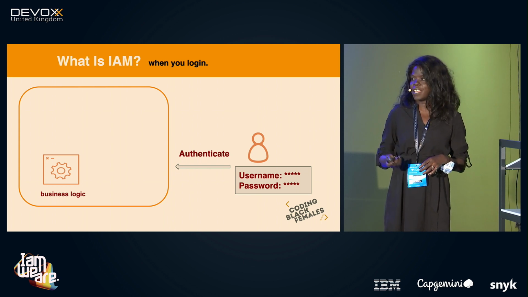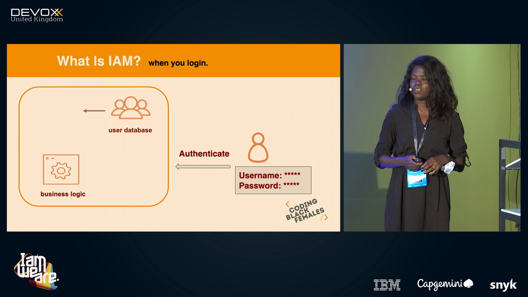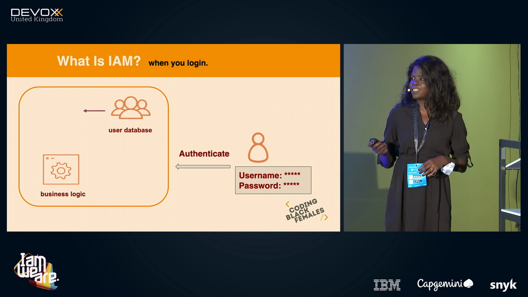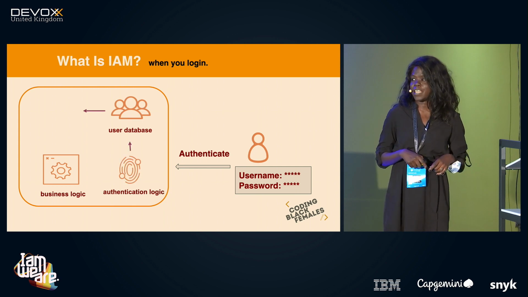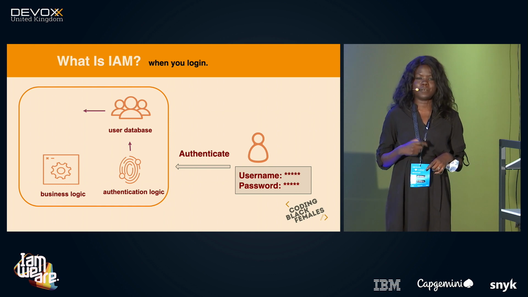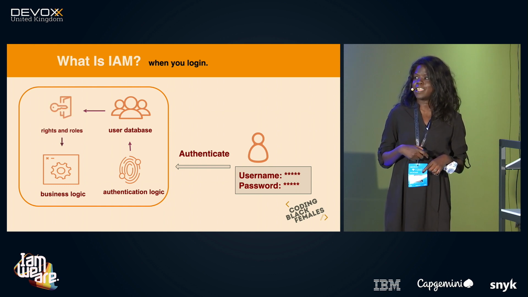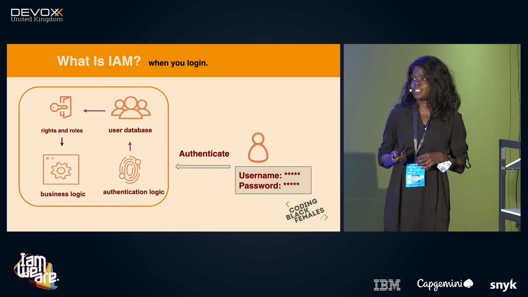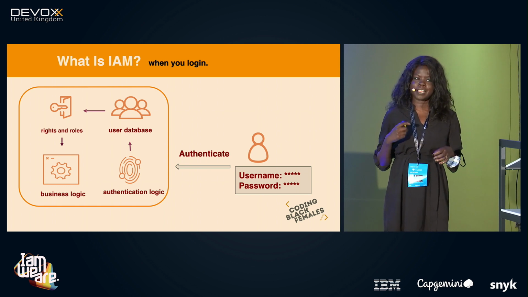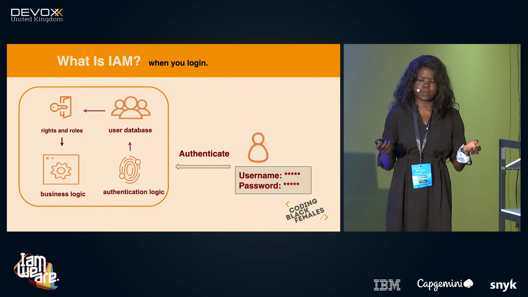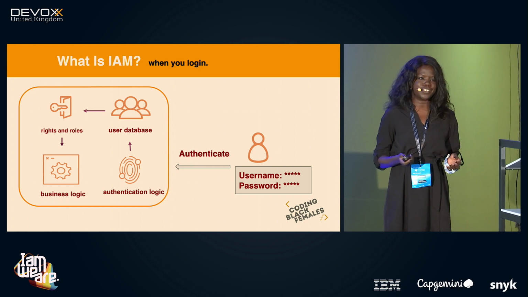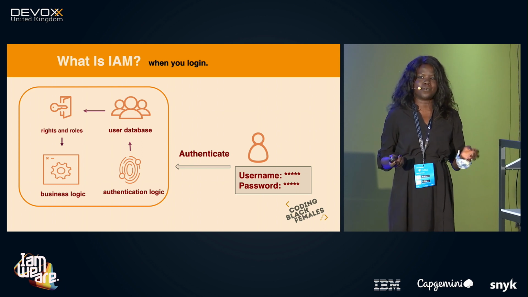So they'd need a database of people, and they would need the user to authenticate into that database. Once they've done that, they need to get the rights and roles associated with that user to let them go on whatever logic they want. The only thing is, you're a developer of an application for your business.